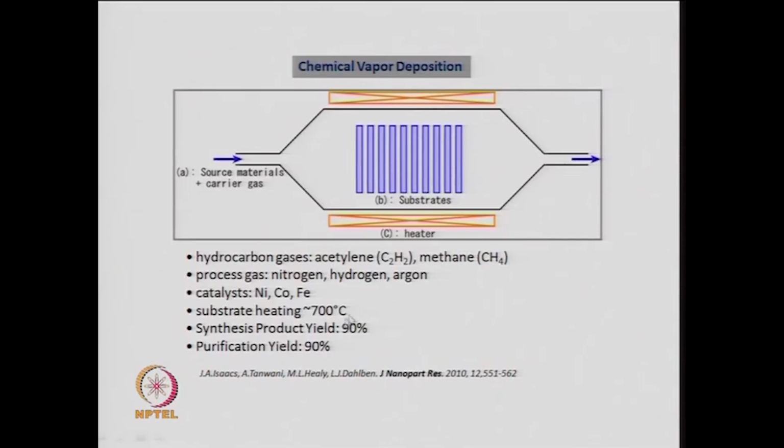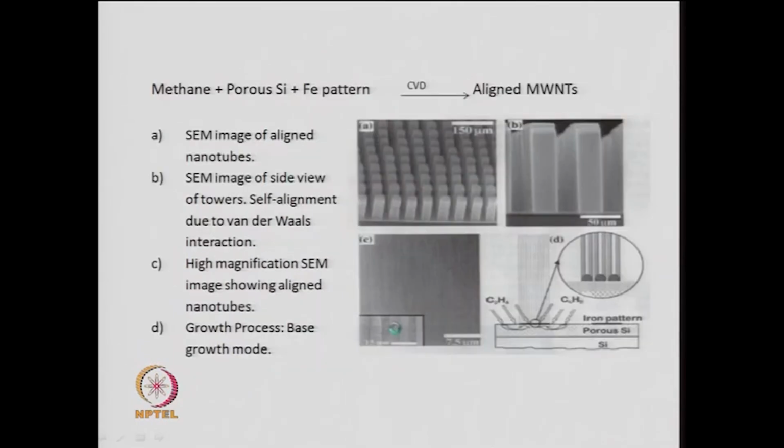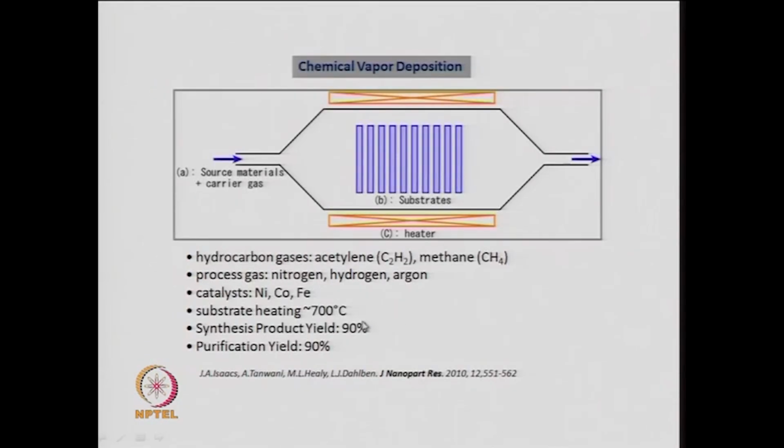Under these conditions, when you have certain catalysts like nickel, cobalt, iron, and the temperature is around 700 degrees, the product yield is around 90%, and they are pure to about 90%. So, this is a chemical vapor deposition technique, where the temperature, as you see, has been brought down to 700 degree centigrade, which was 1500 in the laser ablation method and 3000 degree centigrade in the arc discharge method.